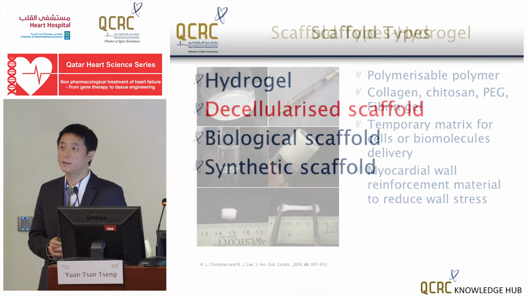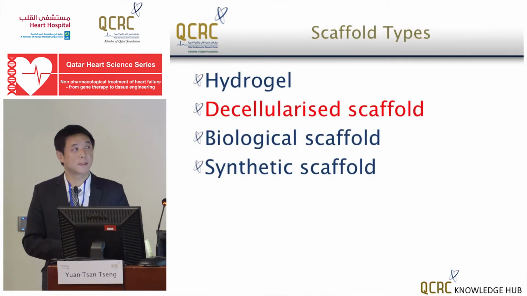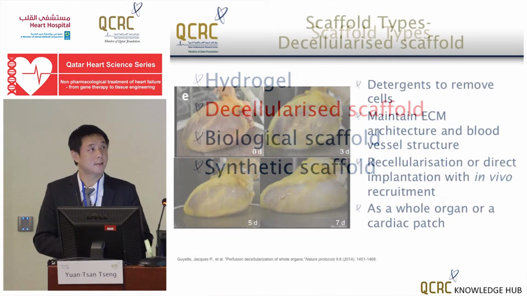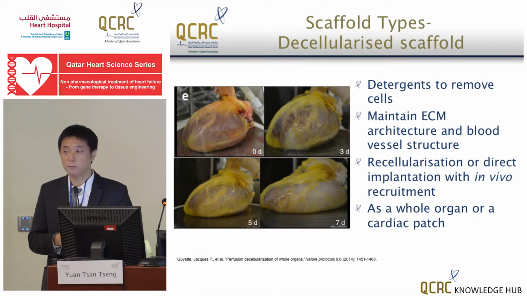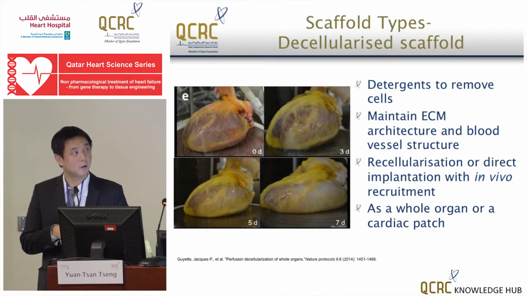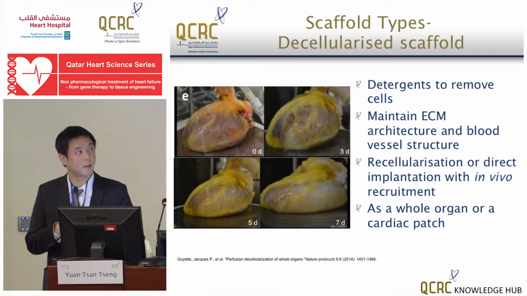And the second type of scaffold I'm going to introduce will be decellularized scaffolds. These are scaffolds taken from a whole organ or tissues, and then we remove the cells by detergents. You can see in this heart there's a protocol where people decellularize the whole heart over a 7-day period, where you can see the red where the cells are being removed, and you're left with essentially a collagenous bag of tissue.